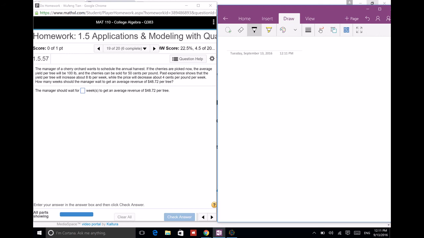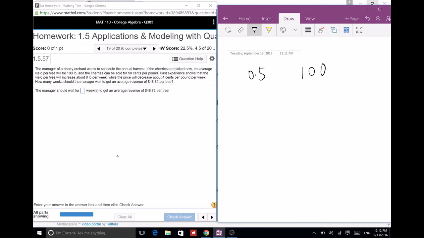Oh, okay. So this one, right now is 100 pounds. Okay, so the cherries can be sold for 50 cents per pound. 50 cents is $0.5.